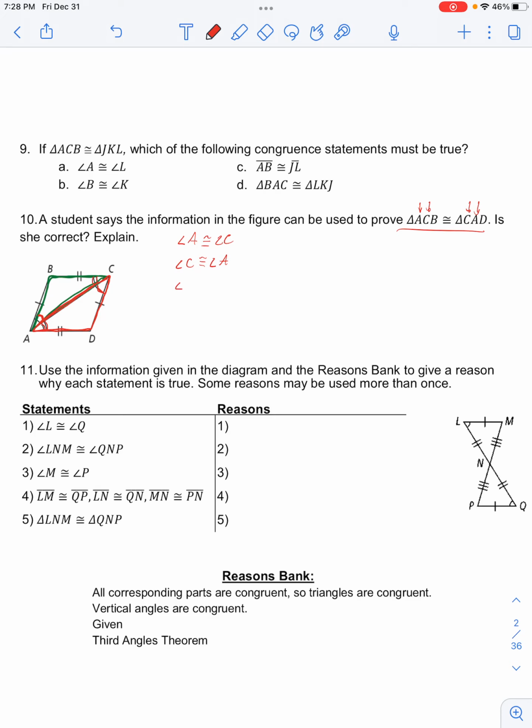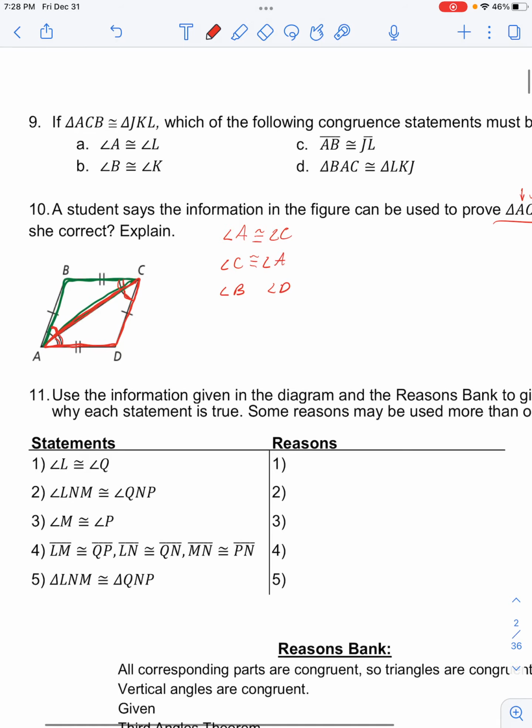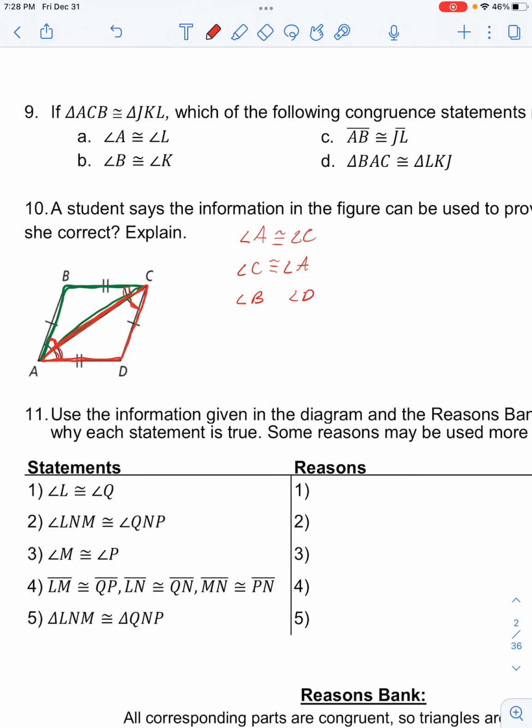And lastly, angle B would have to be congruent to angle D. And we can prove that this is also true because if we have these two triangles which have two congruent angles, then it would follow that the measure of angle A of the first one would equal the measure of angle C of the second, and the measure of angle C of the first would have to equal the measure of angle A of the second.